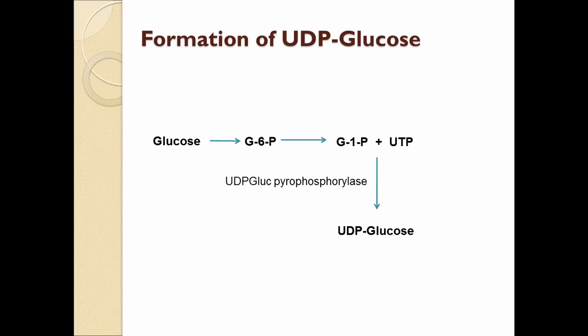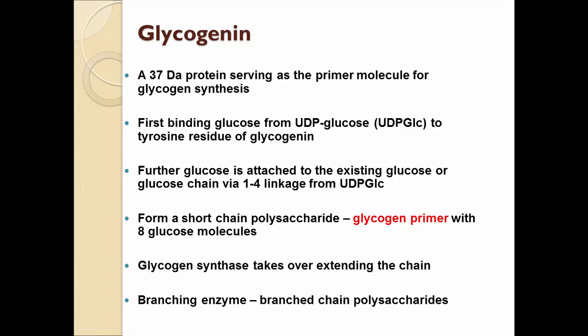So this is the enzyme that catalyzes transfer of glucose from glucose 1 phosphate to UDP molecules, UDP glucose pyrophosphorylase, right? Okay, now glycogenin. Glycogenin is again the key molecule for initiation of glycogen synthesis.